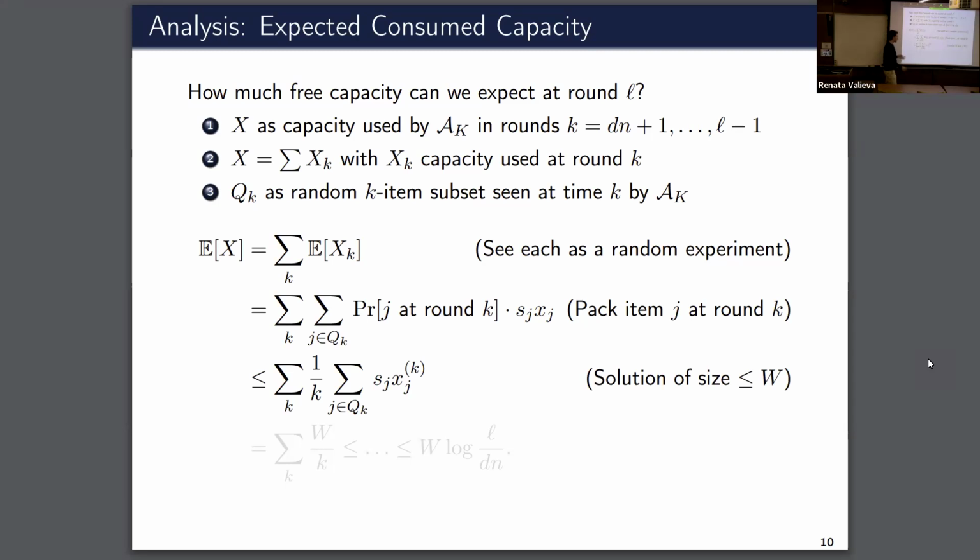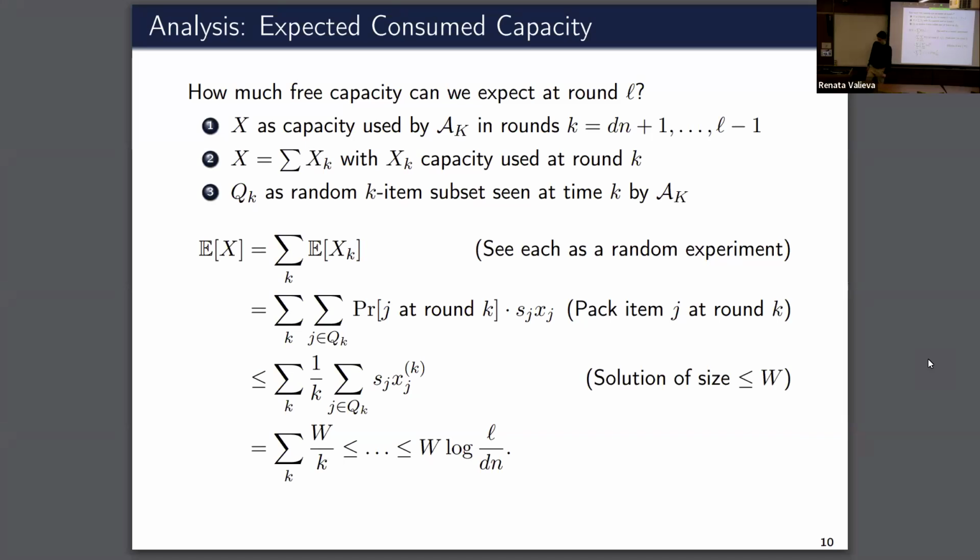And regardless of Qk, we know that this is a knapsack solution, so the sum of these items is at most W. And we use this fact to get that the sum over K leads to W times log L, that is the current round over the N.